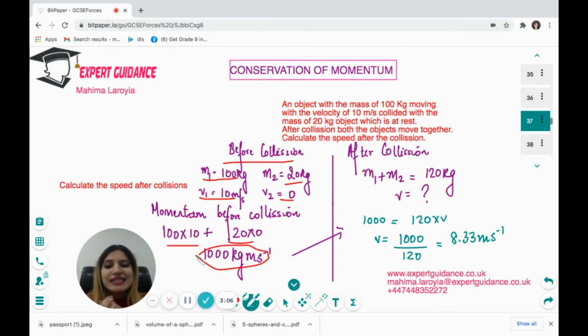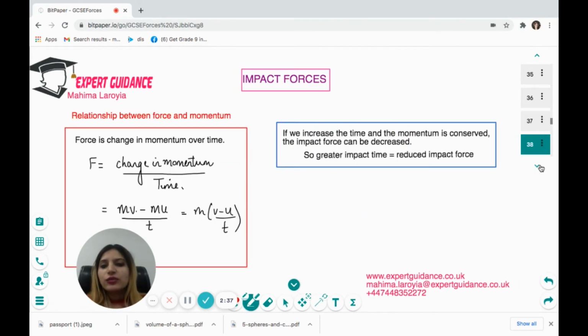So the total mass is now 120 kg, 100 plus 20, but we don't know the new velocity, so let us take that as V. The momentum after the collision is 120 times V, which should equal the momentum before the collision, which is 1000. So V is 1000 over 120, which is 8.33 meters per second. This is how we do these questions: you calculate the momentum before the collision and after the collision and use them to find the unknown velocity.